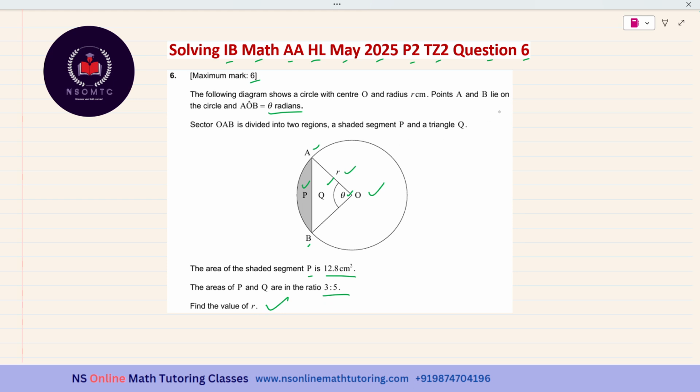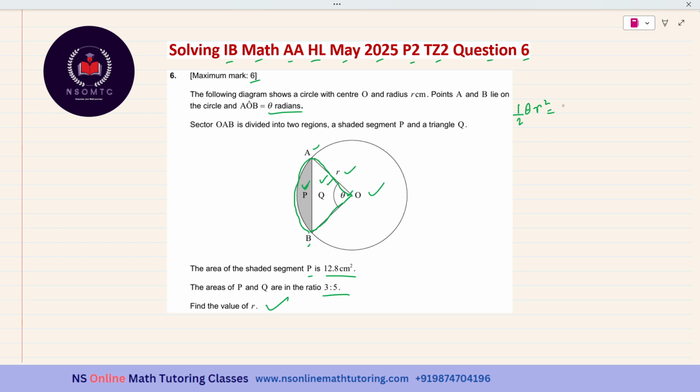Okay, so we know the formula for the area of the sector. I'm taking the sector OAB, the minor sector OAB. So this will be equal to half theta r squared. This should be equal to the area of the triangle plus the area of the segment.